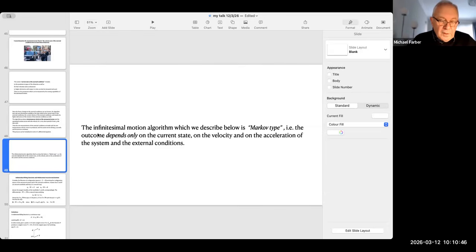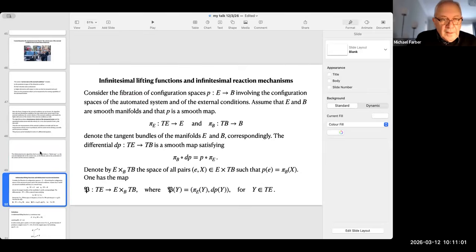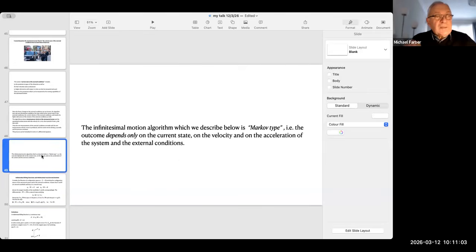It should depend only on the current state of everything, and it produces infinitesimal output, only the velocity at the current moment. And then, of course, this can be integrated. So this gives a differential equation, which can be integrated, and it gives the motion.